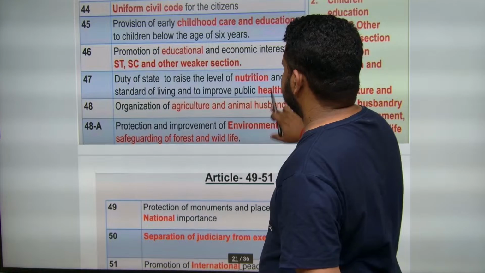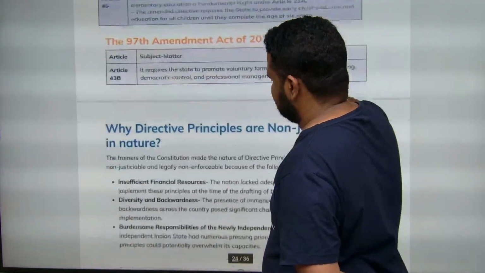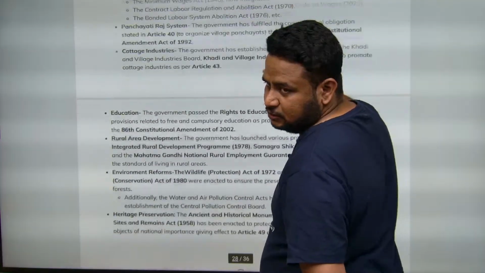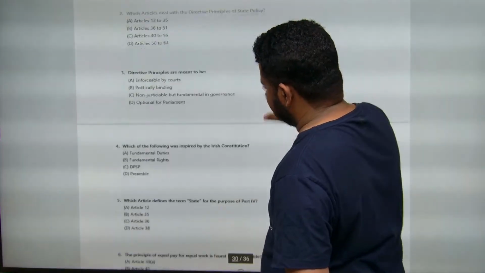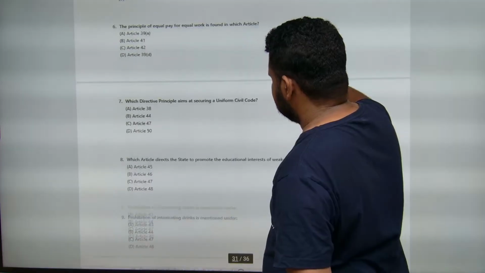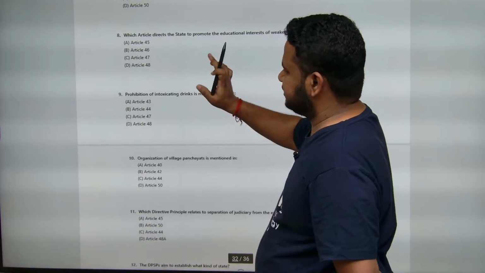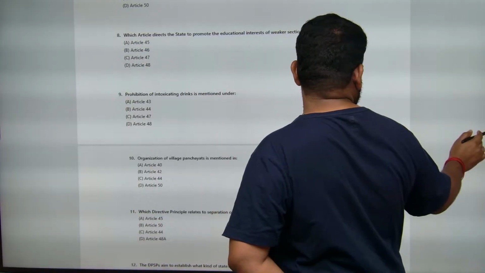Okay, 46 is fine. So 47 is nutrition. So don't get confused. 46 is SCST, 47 is nutrition. Got it?